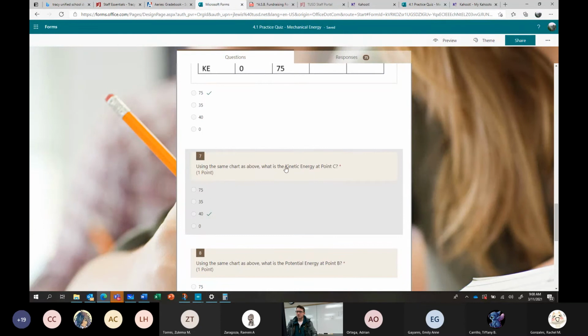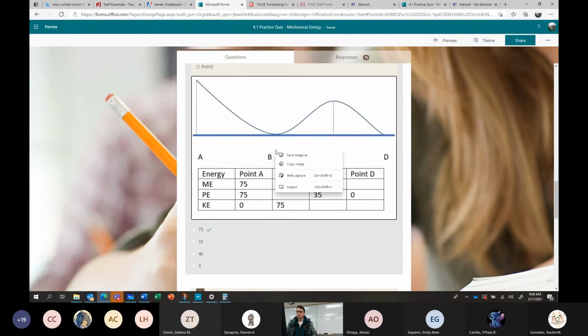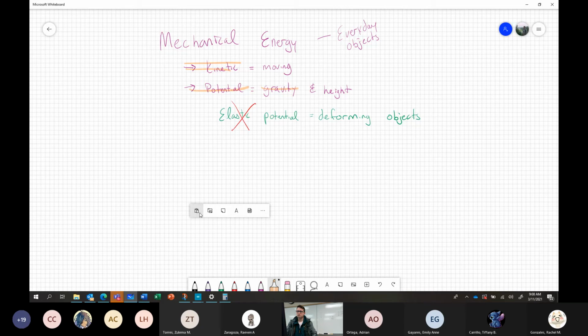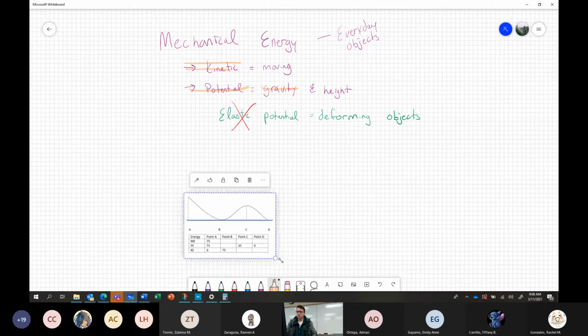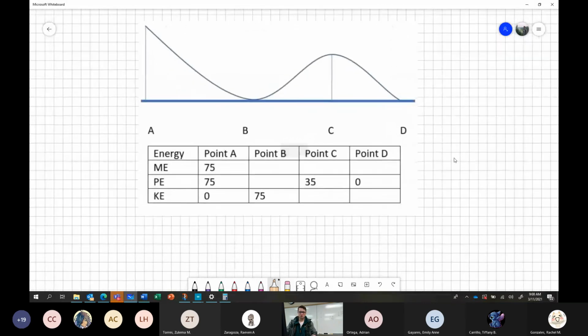Using the chart above, what is kinetic at point C? So if we happen to know that it's going to be 75 the whole way across because total mechanical does not change, and we're asking about point C, we need to find what kinetic energy is.